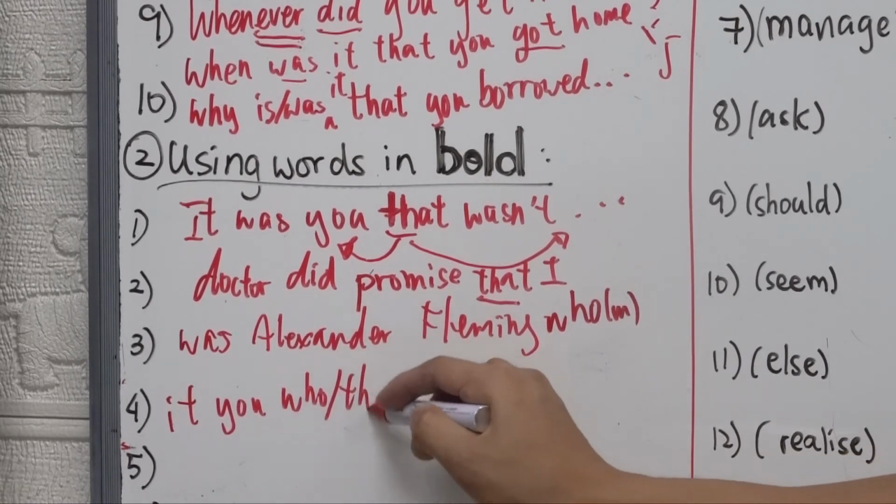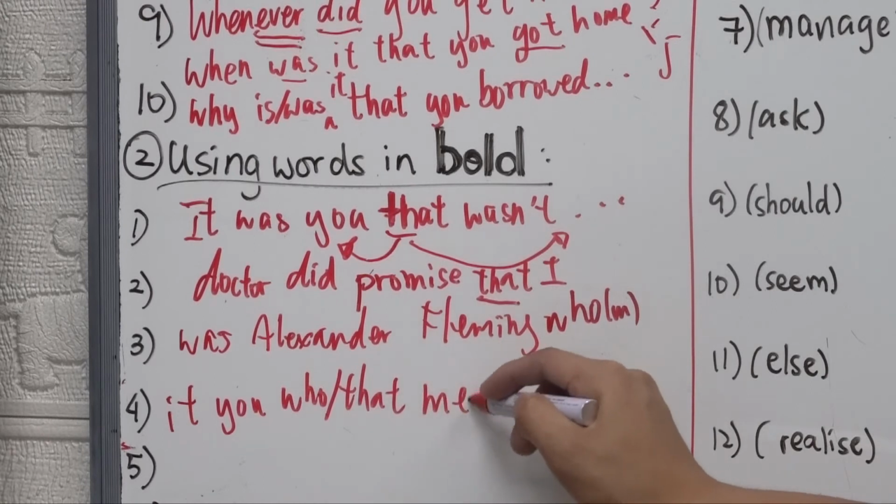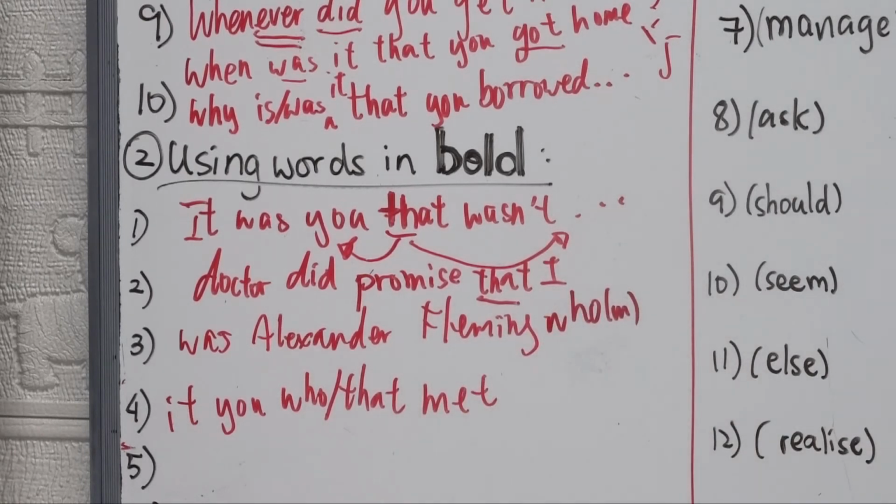Or that met Marlon Brando in Hollywood. Again, we're emphasizing not just the person you who met, right? But also the situation of meeting this person. So double emphasis, right?